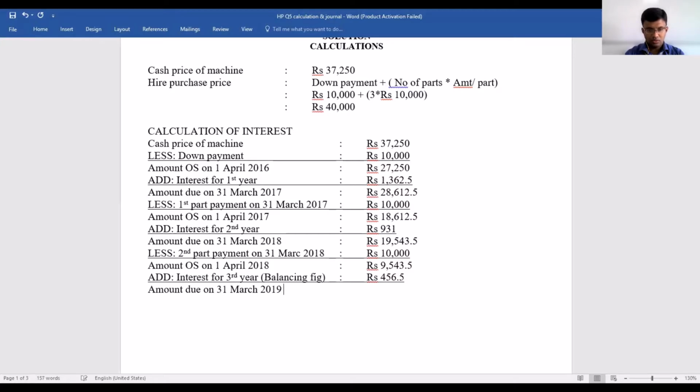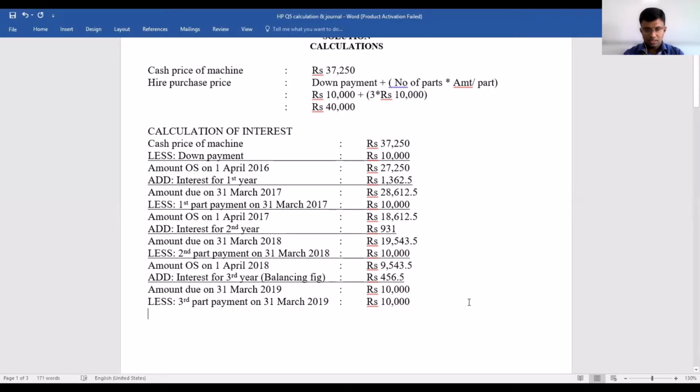2019. Okay, 2019. This works out to be rupees 10,000 less third part payment on 31st March 2019, and this works out to be exactly rupees 10,000.